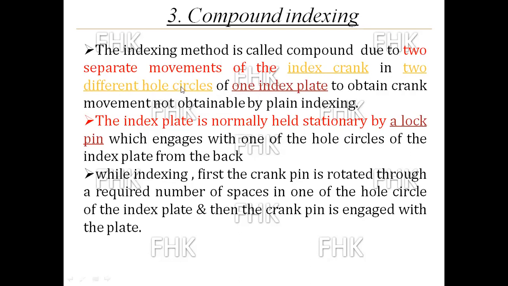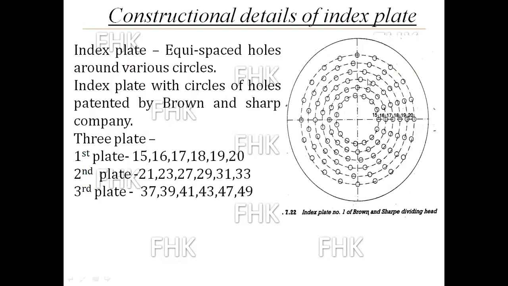Two different hole circles means, see here, you have already seen the index plate. This is one hole circle, the 15 hole circle; this is the 16 hole circle; this is the 17 hole circle. So in different hole circles you will count the holes. You will use the first plate, or you will assemble in that attachment either the second plate or the third plate, but the condition is that whatever plate you fix, you have to select both circles on that same plate.